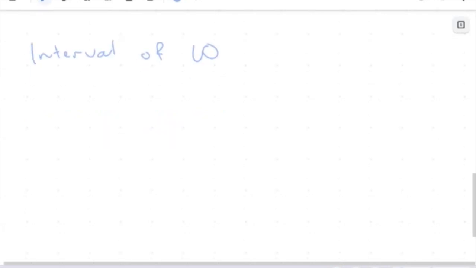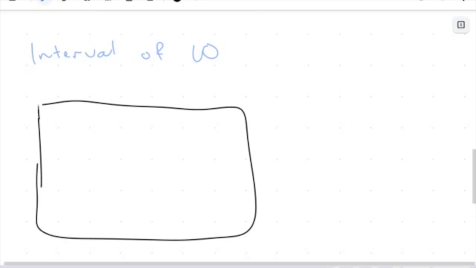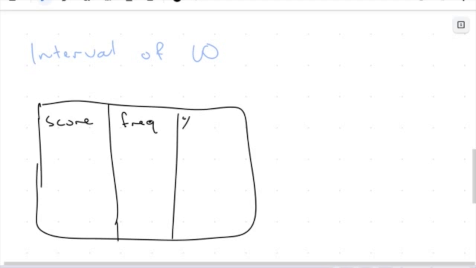So if I drew up a little table here, with my score and frequency. Actually, let's not complicate this too much. My score and frequency here.